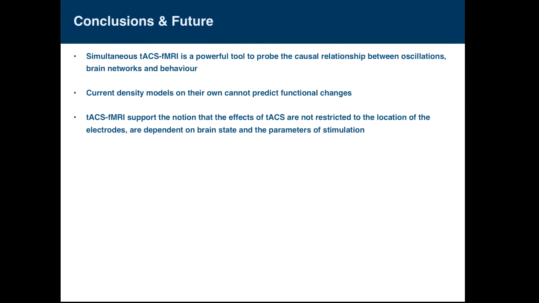The results that I showed you today, and others have shown, are that tACS is not constrained to the local region where you apply the electrodes, but it's a more complex picture. It's dependent on brain state, independent of the parameters used for the stimulation. So it's definitely very important to combine this with an imaging modality.